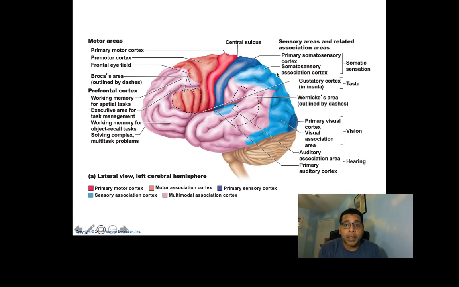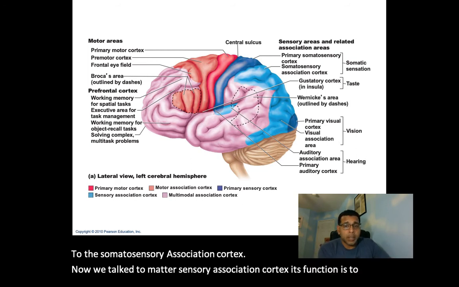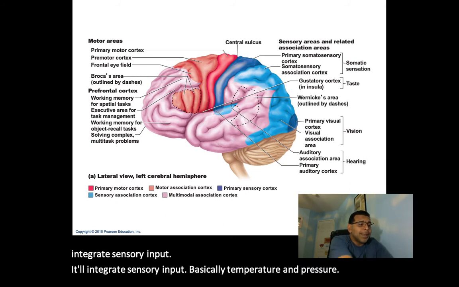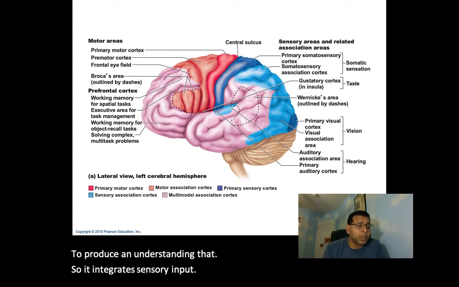So right back here, you can see the somatosensory association cortex. Its function is to integrate sensory input, basically temperature and pressures, to produce an understanding.